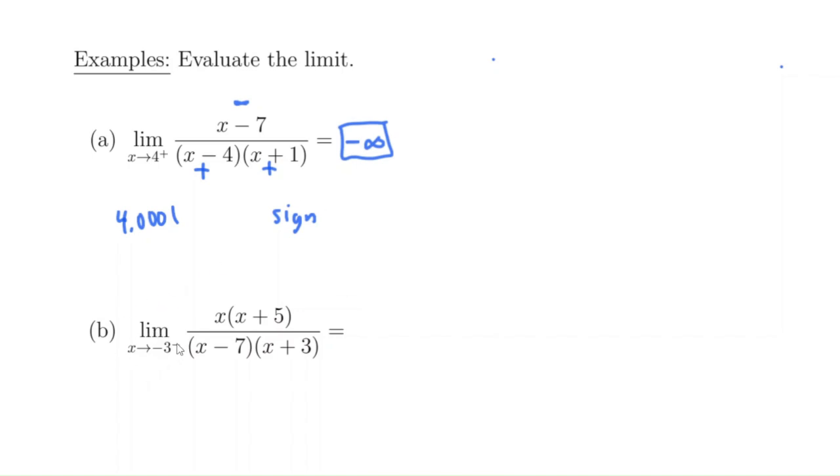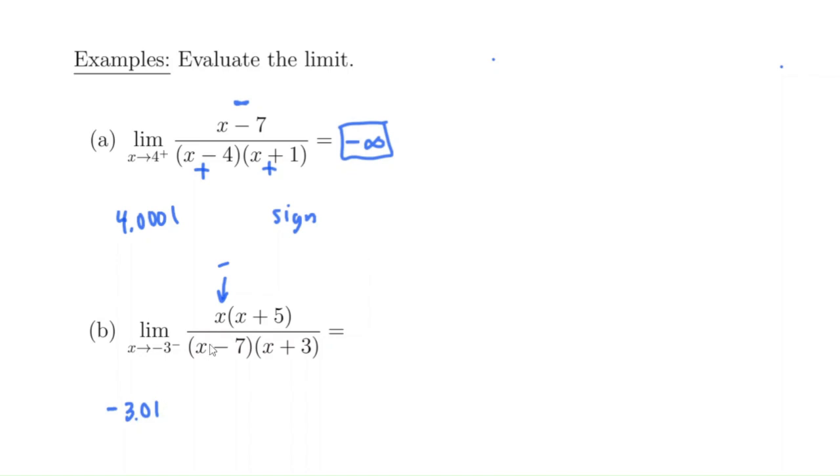We approach negative 3 from the left. Now, when we approach negative 3 from the left, we're plugging in numbers. Would it be like negative 2.999 or negative 3.001? Well, think on a number line. If you're a little to the left of negative 3, you're plugging in numbers like negative 3.01. If you plug it in for this x here, that will be negative.